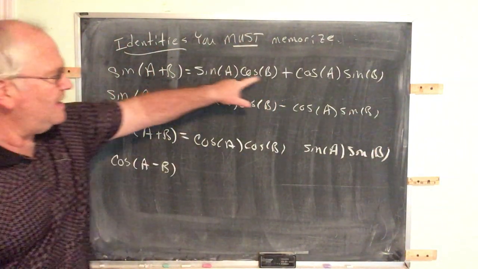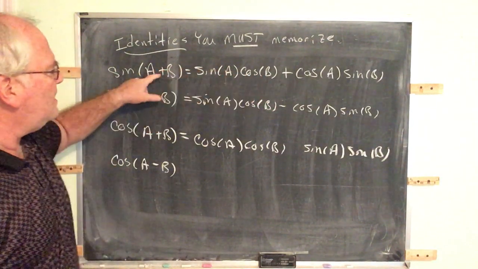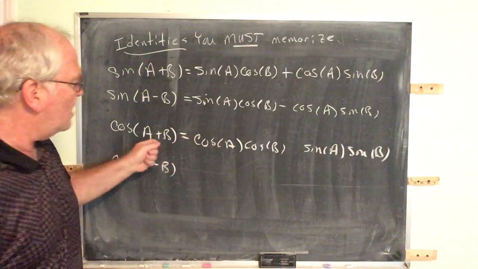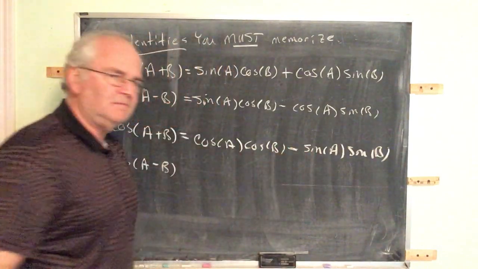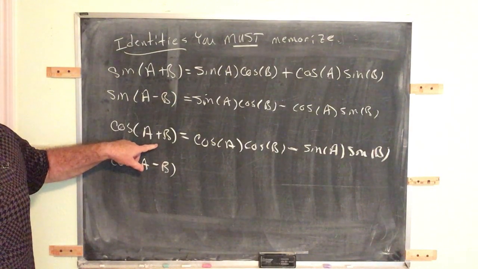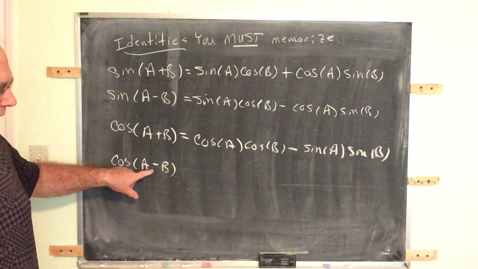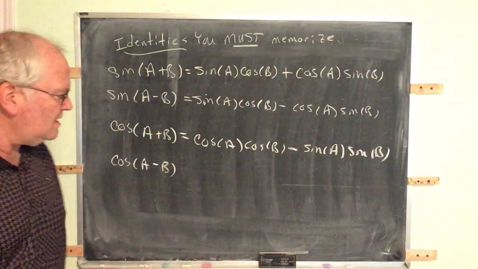And sine is the same sign. That's my memory device. Sine is the same sign. Cosine is opposite. So if this is plus, this needs to be minus. And when this is minus, this is going to be a plus.